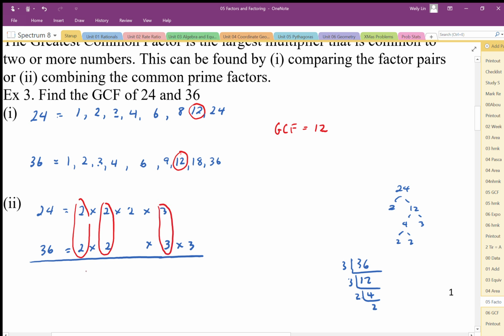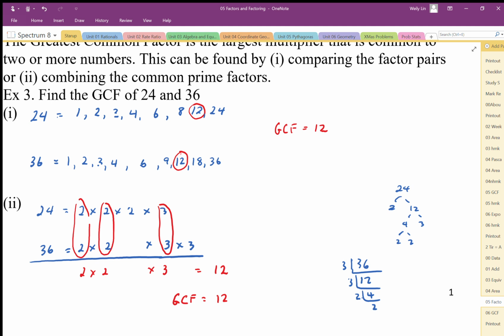If I group all the common prime factors, I can multiply them to make the biggest common factor. So my GCF is 12 in this manner. For more complicated numbers, this is an easier way to do it.